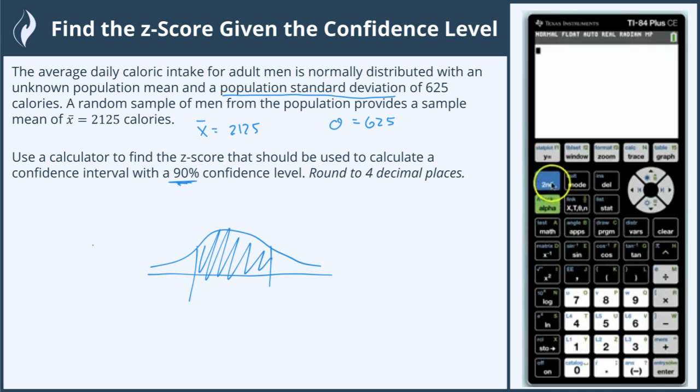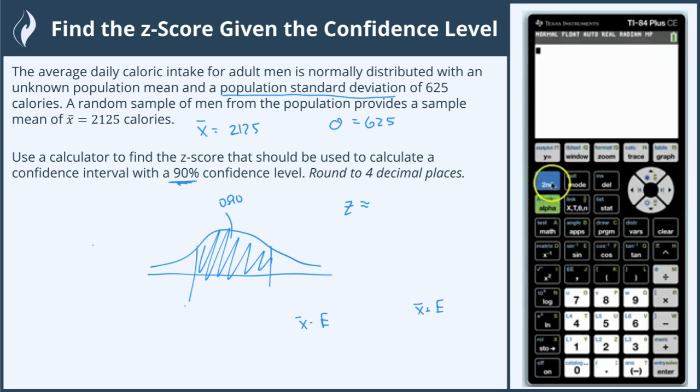Now, there are a couple of ways to do this, but if you ever look at the situation, confidence intervals have a low end and a high end. The 90% is the area in between two values. One z-score is negative, one z-score is positive. Typically, when we're finding the z-score, we use the positive one, because when we do the calculation for a confidence interval and we're finding a margin of error, it takes care of the plus and minus version, because you have the x bar minus and then the x bar plus.